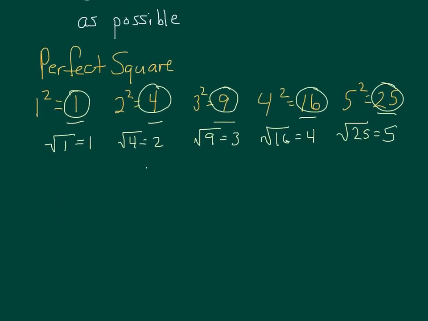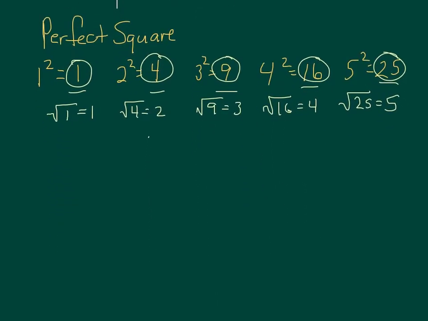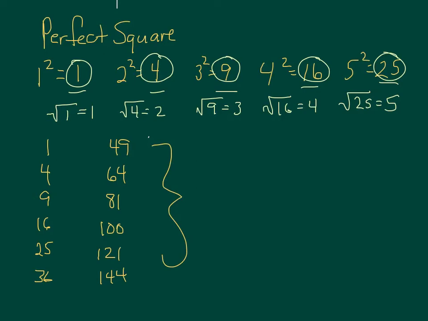Well, if we were to take that on out a little bit, then if we've got 1, 4, 9, 16, 25, we could add to that list 6 squared, 7 squared, 8 squared, 9 squared, 10 squared, 11 squared, and 12 squared. And these would be the first 12 perfect squares.